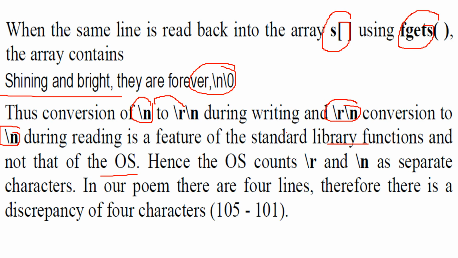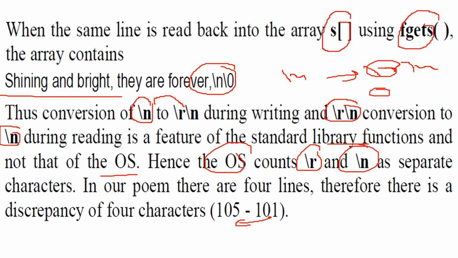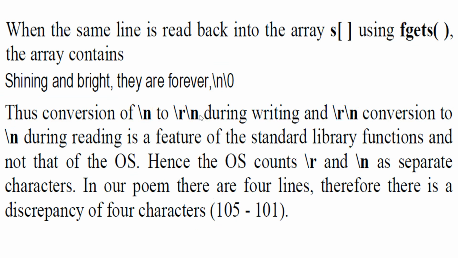The operating system counts \r and \n as separate characters, as 2 characters. So if we assume our file has 4 lines, we have 4 conversions of \n to \r\n. As we have 4 characters more, the operating system is going to count 4 more. That is why the discrepancy is there.